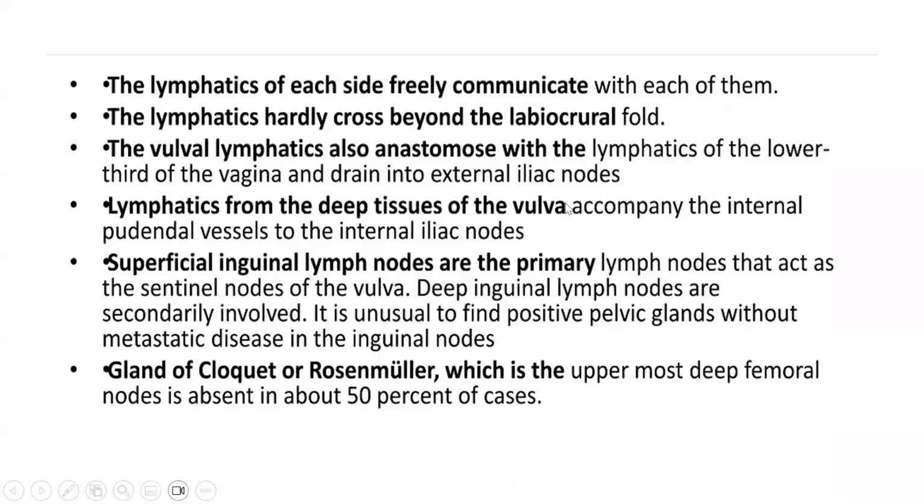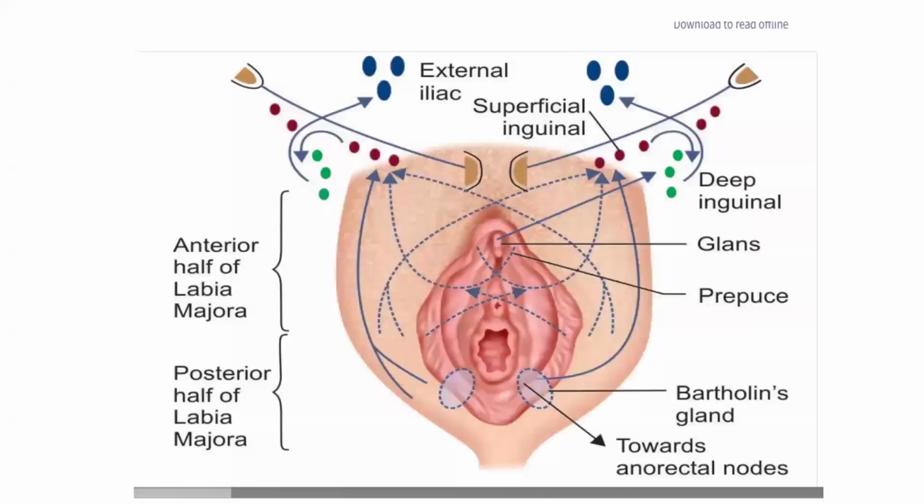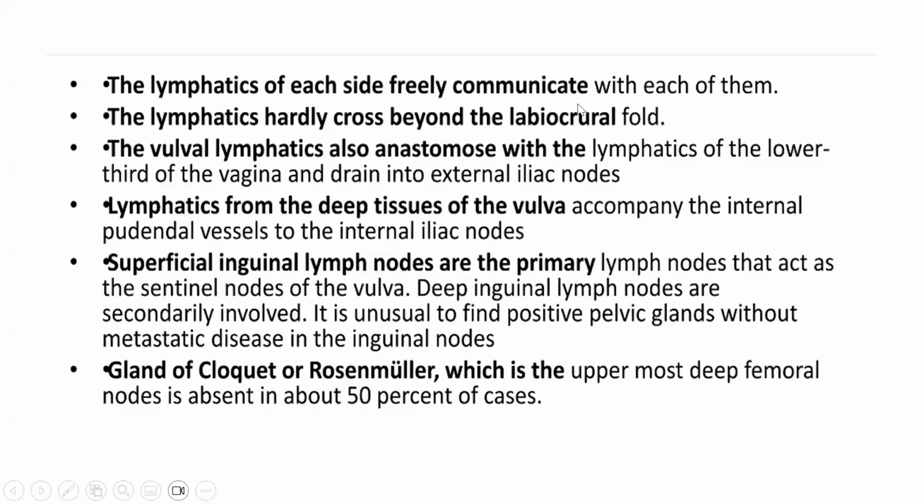Lymphatics of each side freely communicate with each other, and the lymphatics hardly cross beyond the labiocrural fold. Vulval lymphatics also anastomose with the lymphatics of the lower third of vagina and drain into external iliac nodes. So as you have seen, there is a drainage to the external iliac nodes as well.